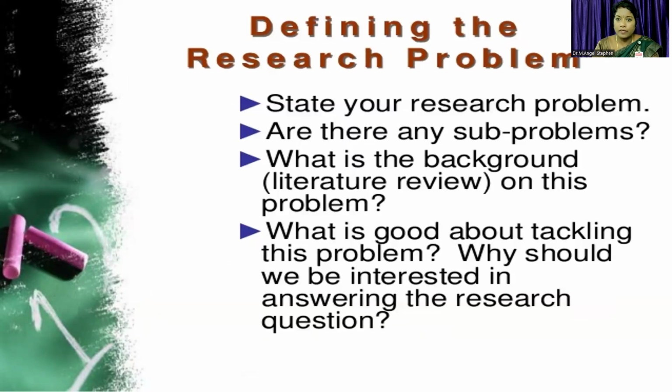And here we'll see about defining the research problem. How to define a research problem? First, you have to state the research problem. What type of research problem is there? And are there any sub-problems, any other problems prevailing in the community related to that particular problem? And what is the background of the problem?